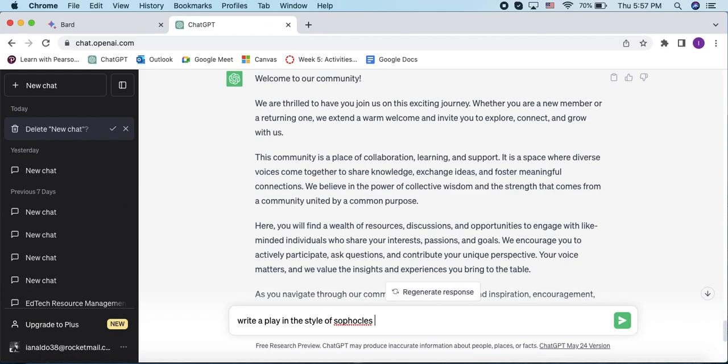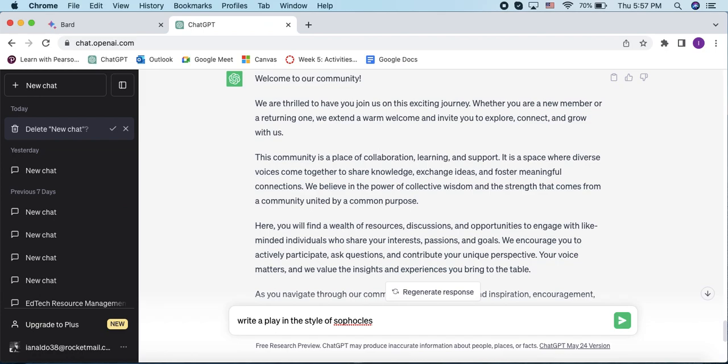Try to get the student to write a creative project that imitates the style of an author that you're currently reading, and then have them go back and make some adjustments. But being able to prompt engineer is what being able to use AI is all about.